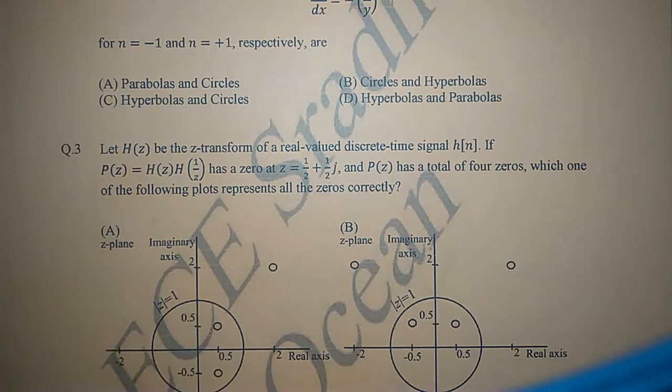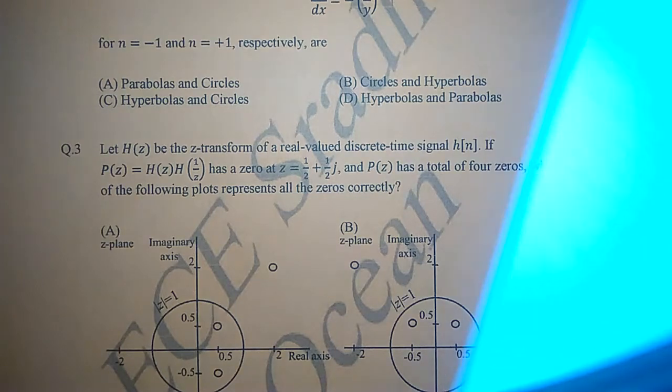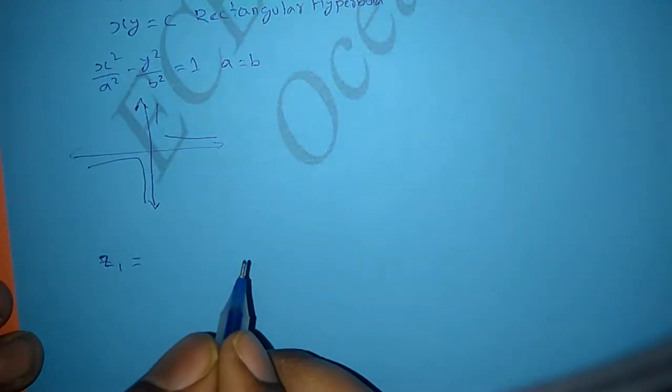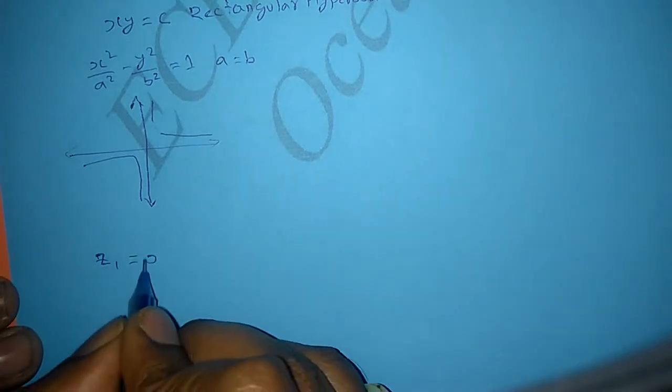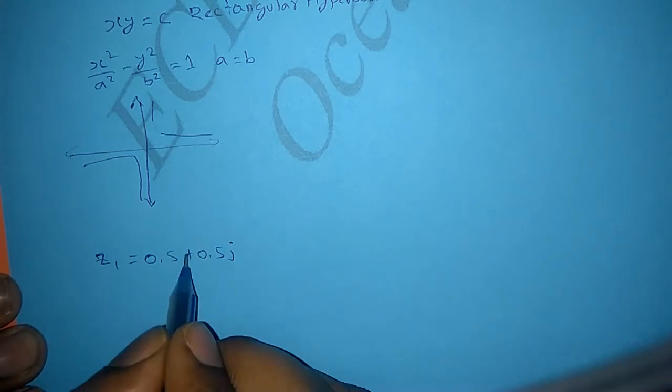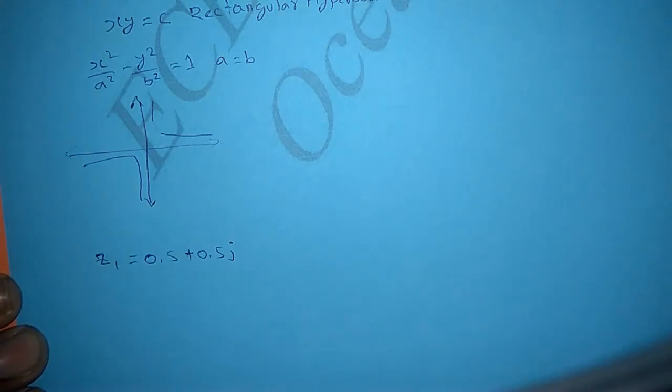For that, initially I will consider the first zero like this: z1 is equal to the given condition, 0.5 plus 0.5 j. If a complex number is a zero, obviously its complex conjugate also becomes a zero.